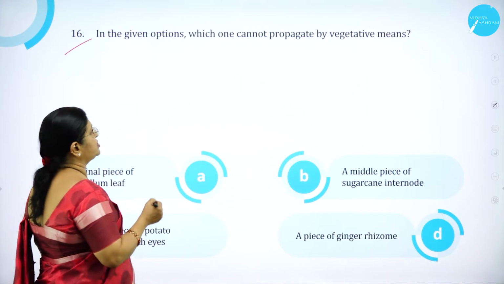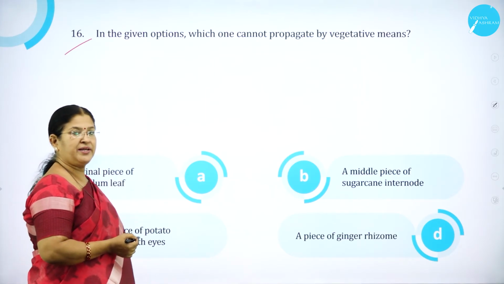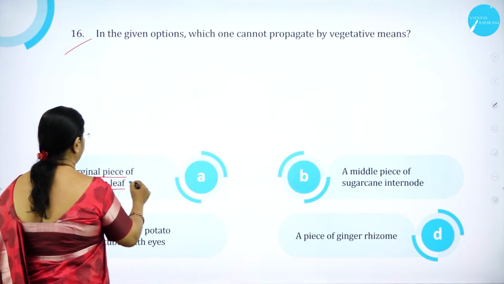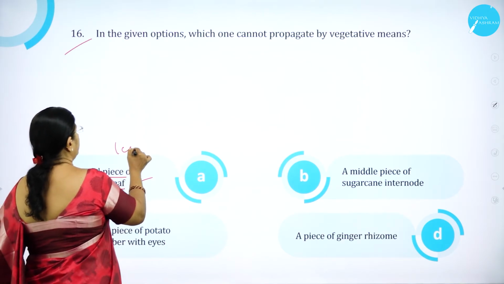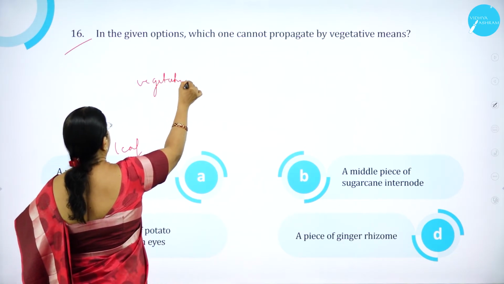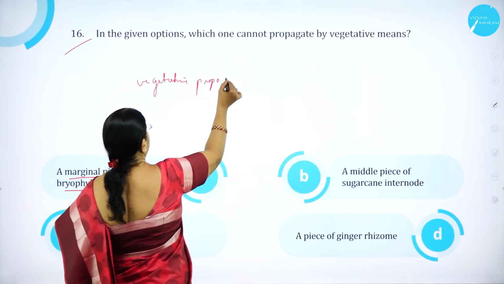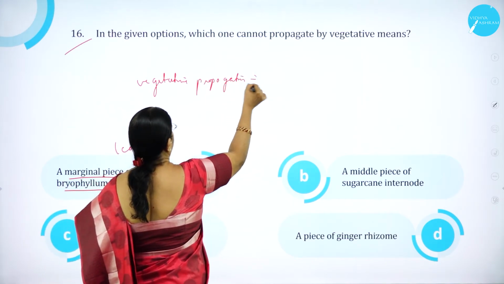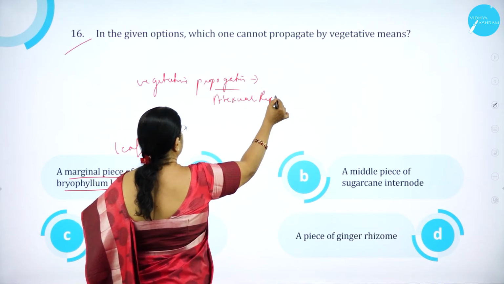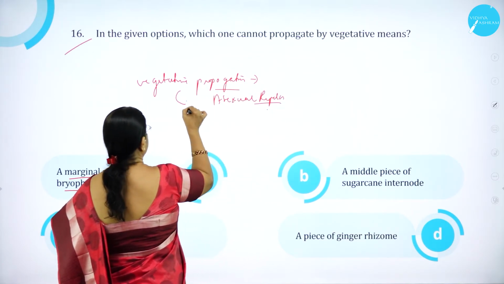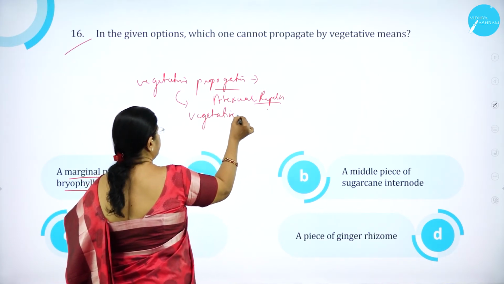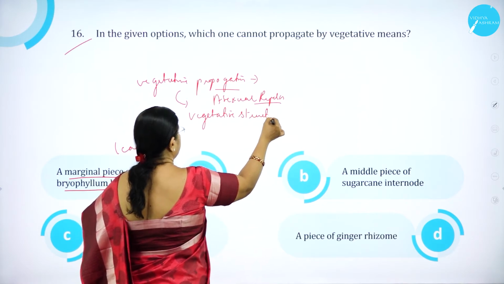In the given options, which one cannot propagate by vegetative means? Option A, a marginal piece of bryophyllum leaf. Yes, bryophyllum. So what are the vegetative structures? Vegetative propagation is also called asexual reproduction, which reproduces through vegetative structures.